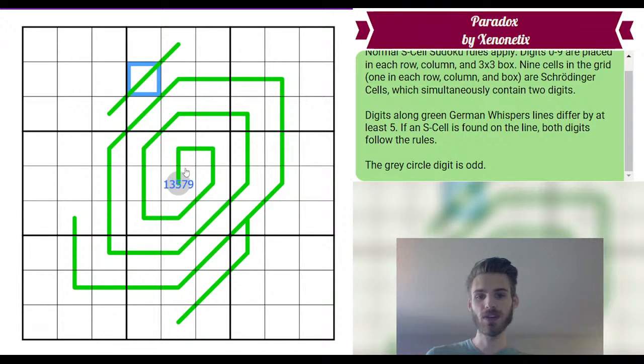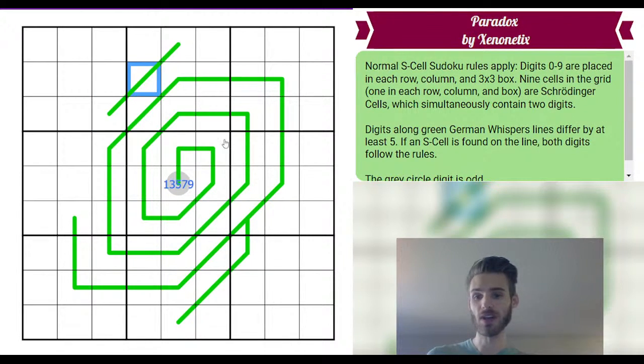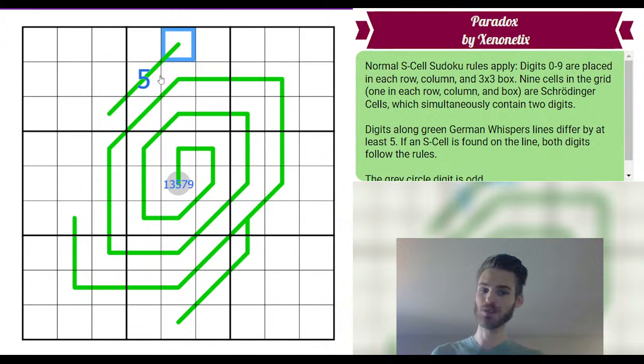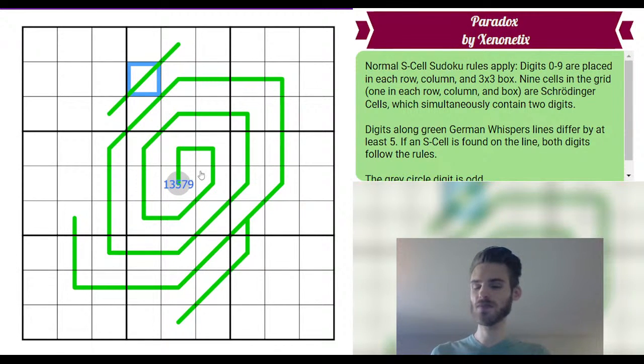Now, the weird thing about when you're looking at 0 to 9 and S cells is that 5 can go on the line, because normally in a regular puzzle with 1 to 9, if you put a 5 on the line, you usually can't put a 10 on the other end, which you can't in this puzzle, but we can put a 0 in this puzzle, which is a little bit of a hiccup, but not too much of a hiccup, because in this box, we need to put a 5 somewhere.